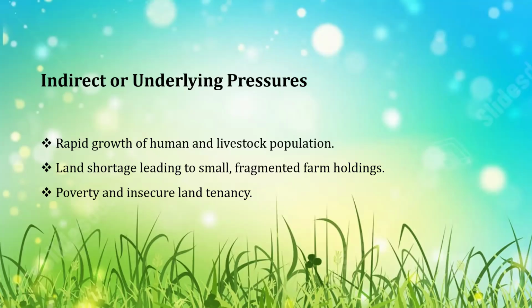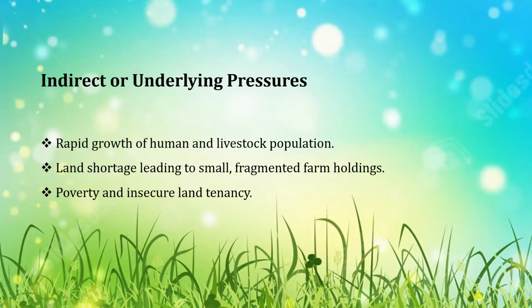The second point is land shortage leading to small, fragmented farm holdings, poverty, and insecure land tenancy. When land is scarce, it is often divided among heirs or sold in small pieces, leading to fragmentation. The small scattered plots are harder to manage and often less productive. That is inefficiency.